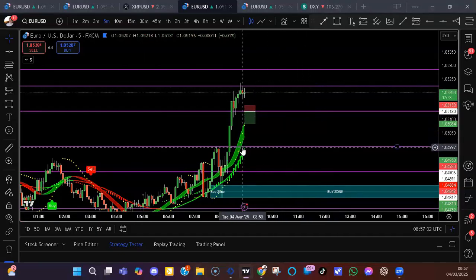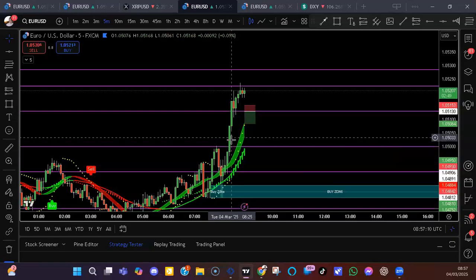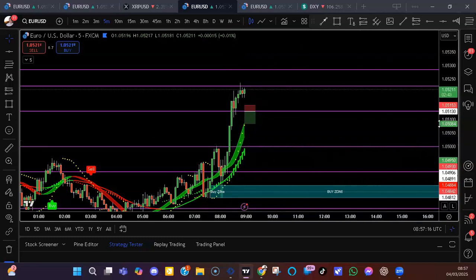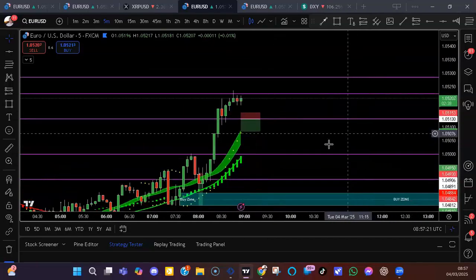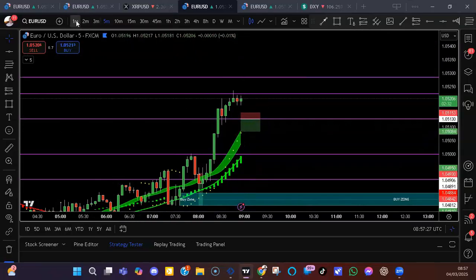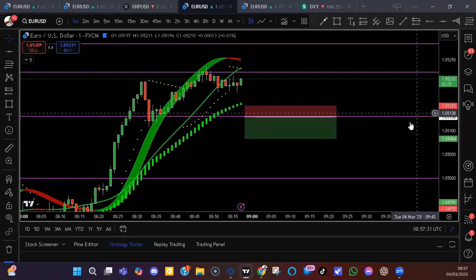But at the same time, if they do continue up too far, they'll want to equalize, find balance in a bit of a sell on these candles here. And our trade is in the way of that, so that's good.